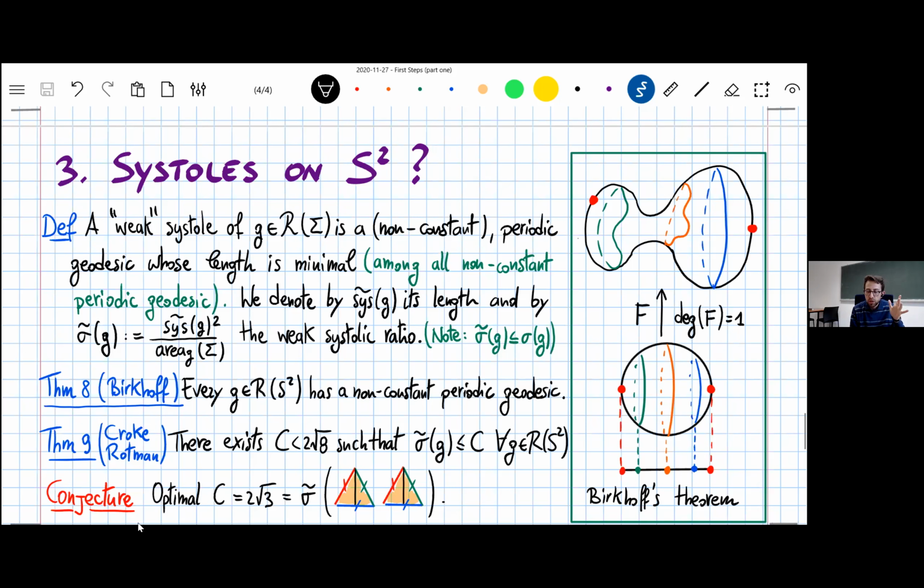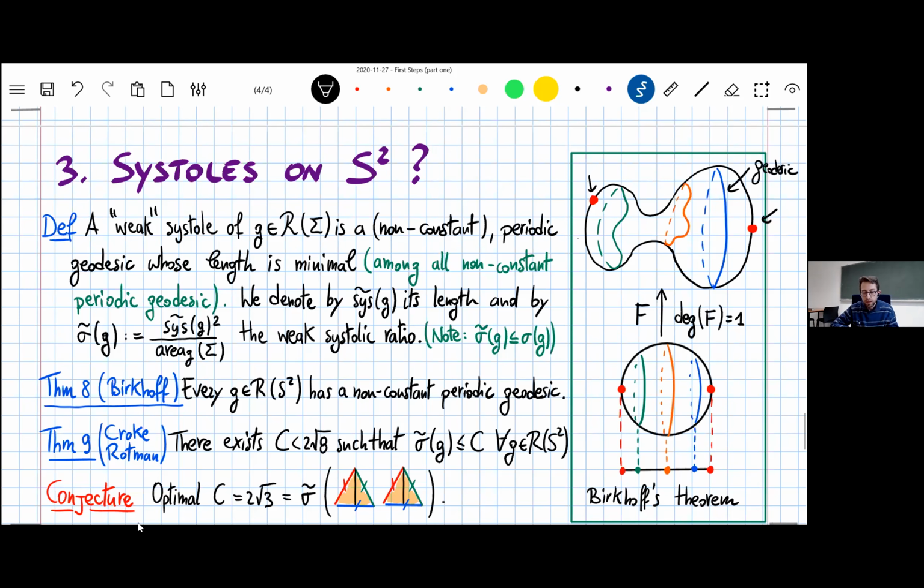So the idea of Birkhoff's theorem is to consider one-parameter families of loops, which start from a constant loop and end on a constant loop, and then try to minimize in a smooth way the length of the family. And then by doing this, you will end up with some geodesic.